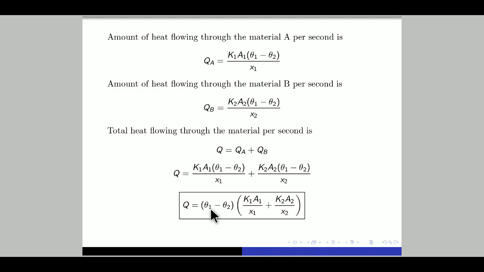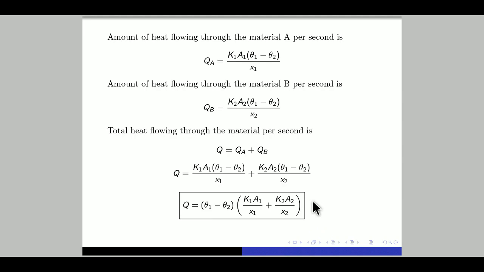Theta 1 is the hot temperature and theta 2 the low temperature. K1 and K2 are the thermal conductivities of materials A and B, A1 and A2 are the areas of cross section of materials A and B, and x1 and x2 are the lengths of materials A and B.